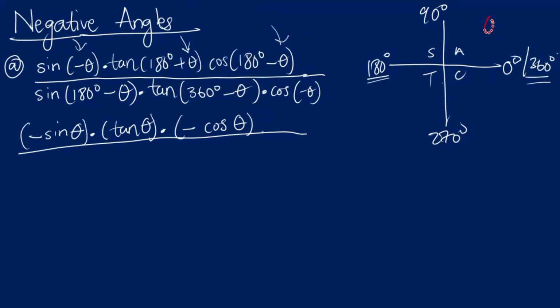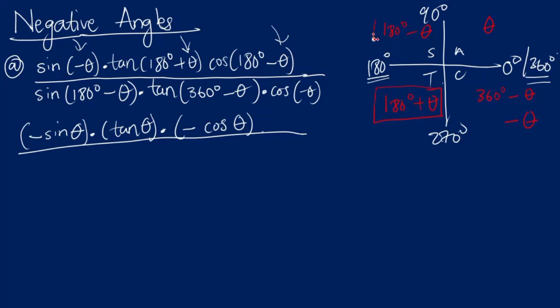So this is theta. This quadrant is called negative theta, or it's also called 360 degrees minus theta. This quadrant is called 180 degrees minus theta. This quadrant is called 180 degrees plus theta.